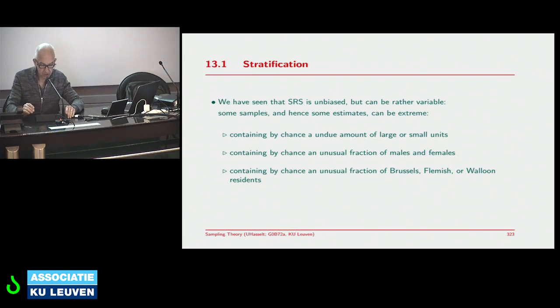Why is stratification done? Well, one of the major reasons to do stratification is to make sure that your sample is sufficiently well spread, so well mixed across your population. Otherwise, it may well be that just by pure chance, you have a larger fraction of people from Limburg and a smaller one from Antwerp, or vice versa.